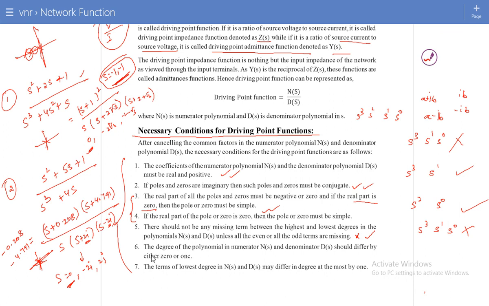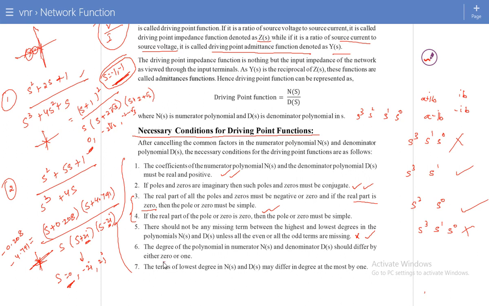The sixth property, what they had given: the degree of the polynomial in the numerator N of s and the denominator D of s should differ by either 0 or 1. See here, as the fifth condition itself is failed by the first function, we are not looking into the first function. Now see the second function, the denominator and the numerator: what is the difference between the degree of the denominator and the numerator? It is 1, okay.